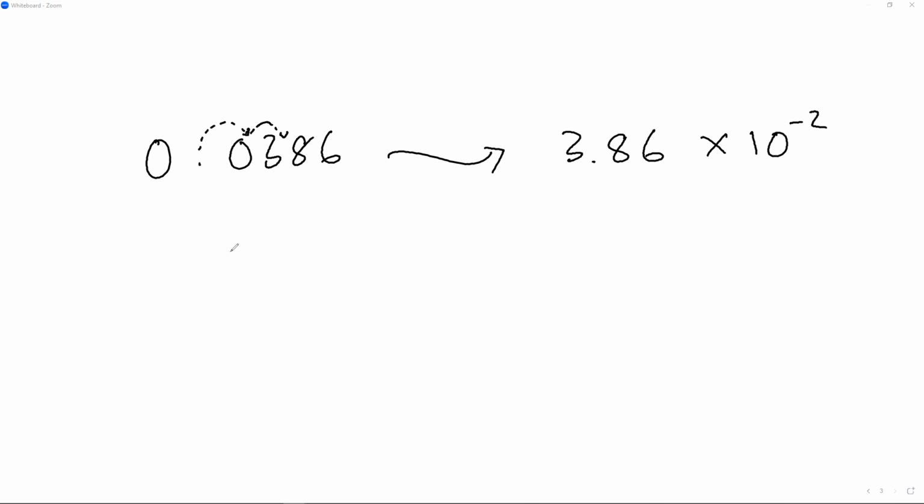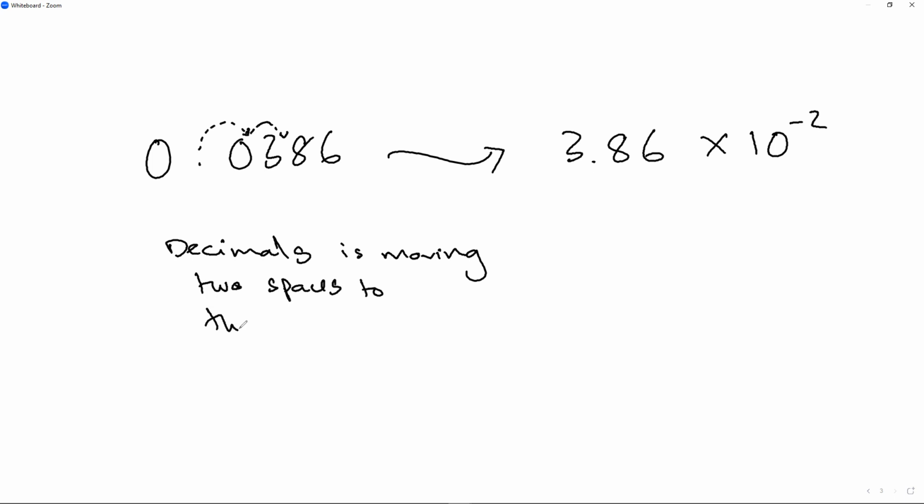So firstly, the decimal is moving 2 spaces to the right. And the power is moving 2 units into the negative, or down, right, into the negative.